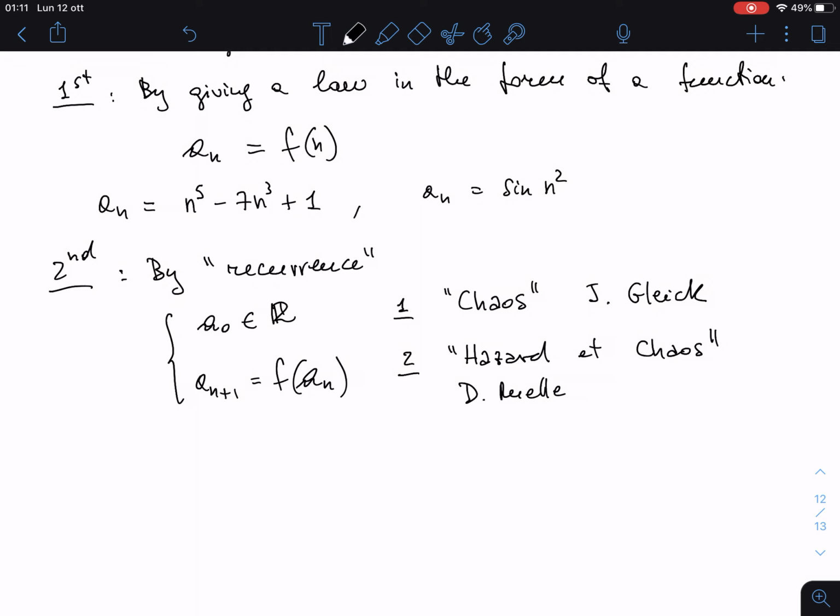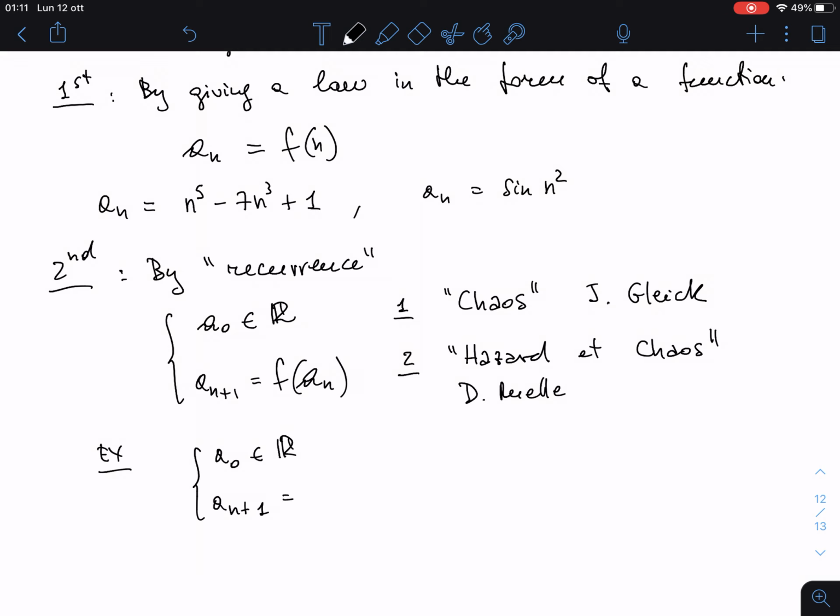To look at a quite simple example of recurrence, consider this guy. a_0 is in R, a_{n+1} is, for instance, lambda times a_n, with lambda a real number.